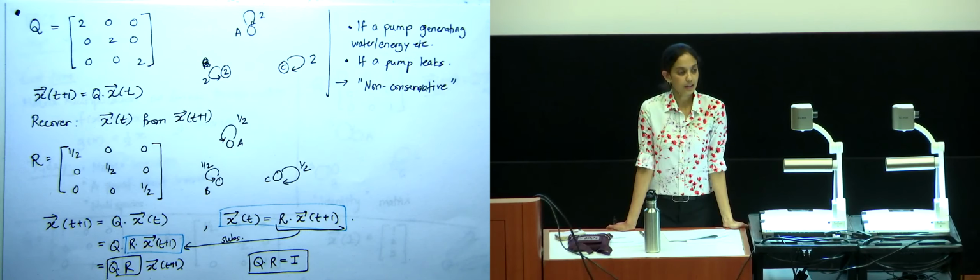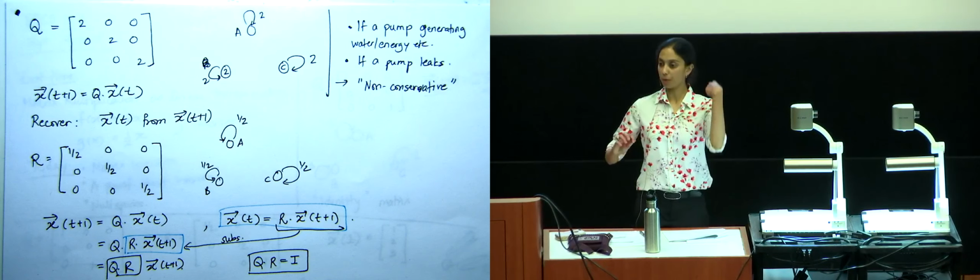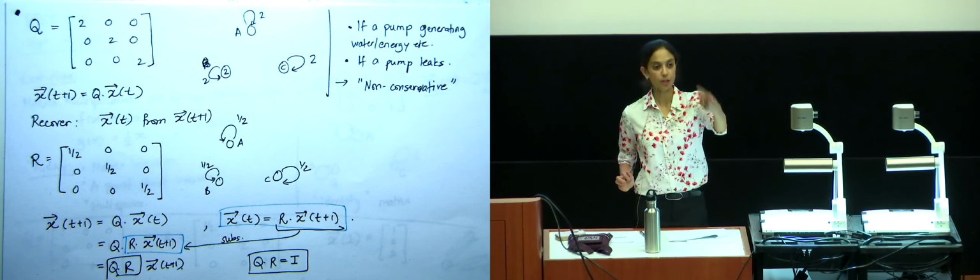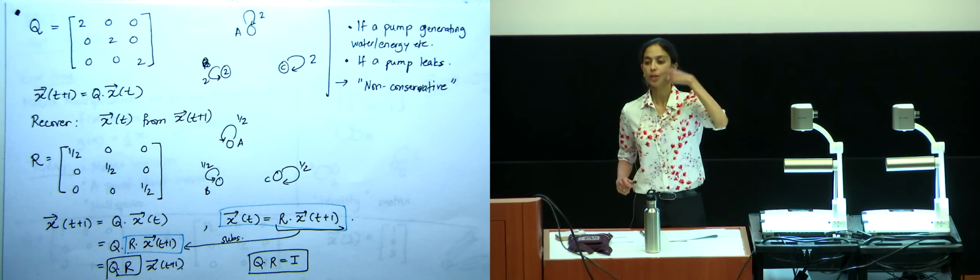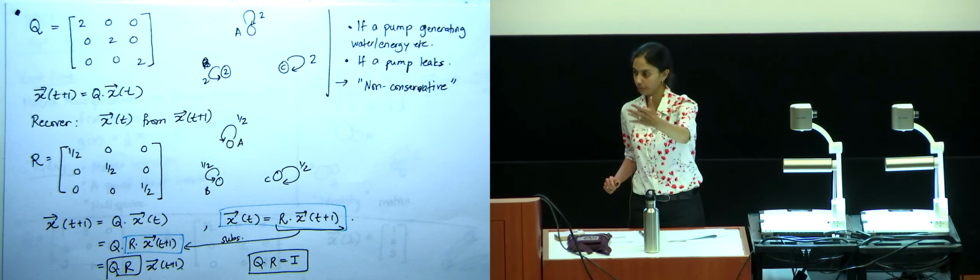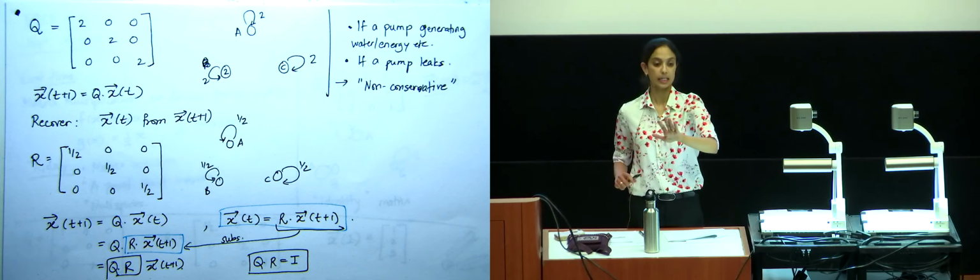So what are we saying here? We're saying if you operate P first and then you operate Q, you will get an identity. If you operate Q first and then you operate P, you will still get an identity.